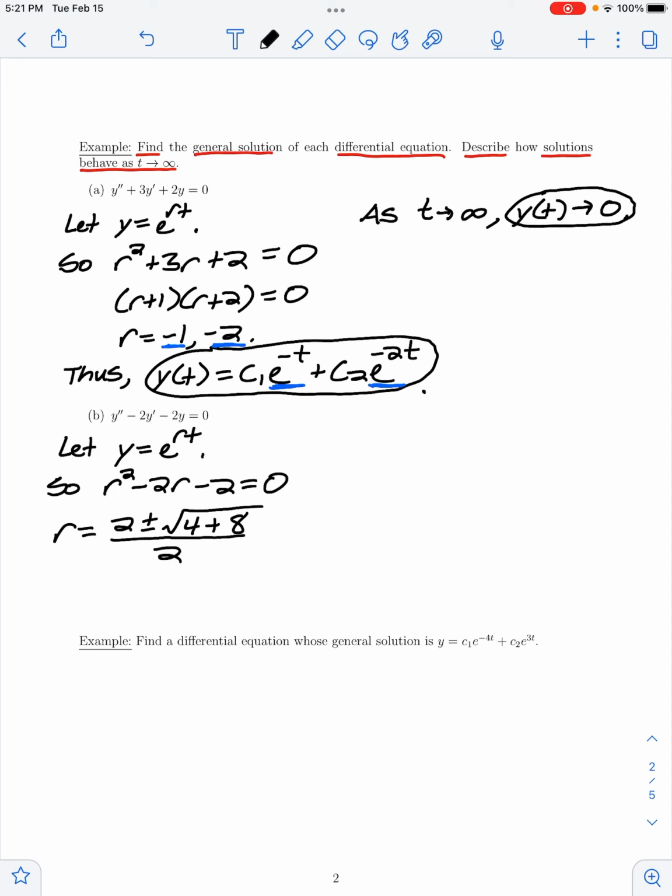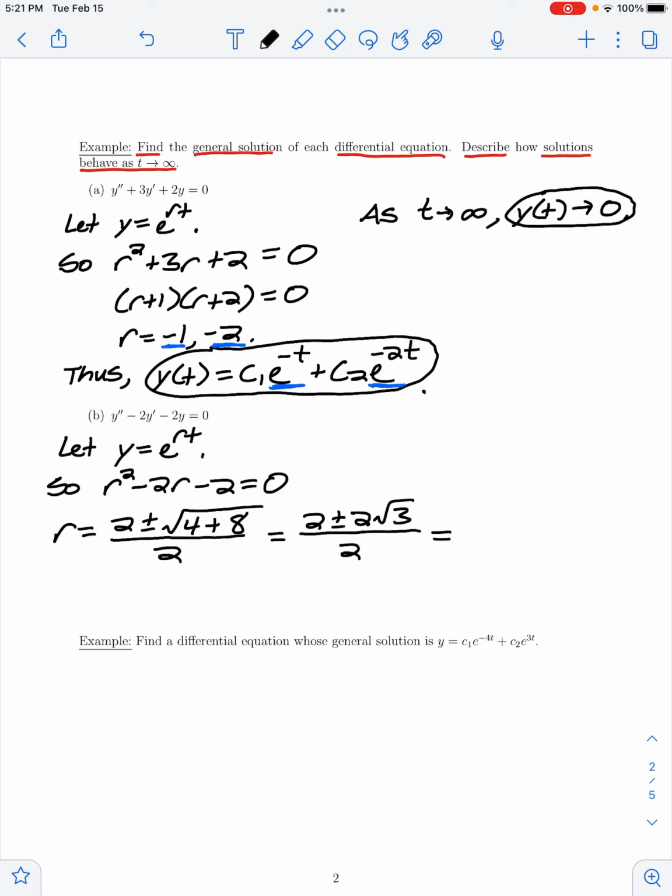Or if I simplify this a little bit, I have 2 plus or minus the square root of 12. Now 12 is just 4 times 3, so taking the square root gives us 2 root 3 over 2.